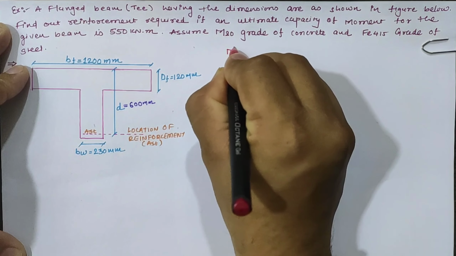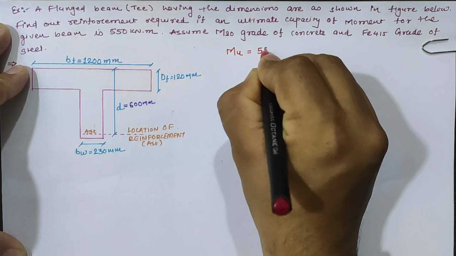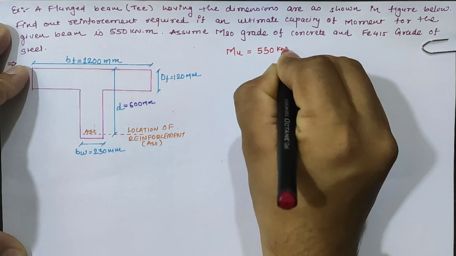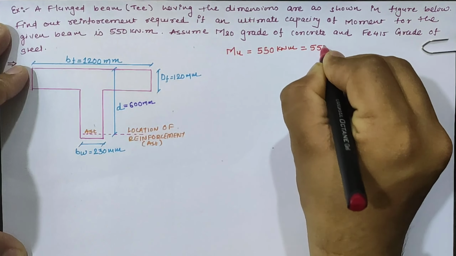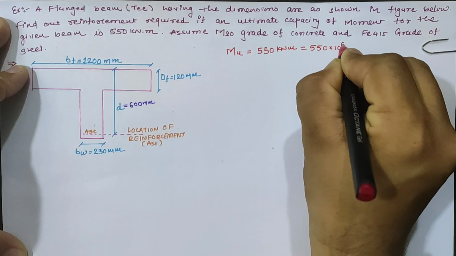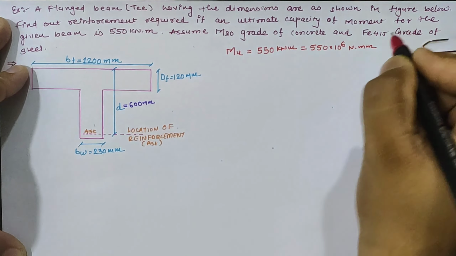It means that we have given the value of moment which is equal to 550 into 10 raised to 6 in terms of Newton into mm.